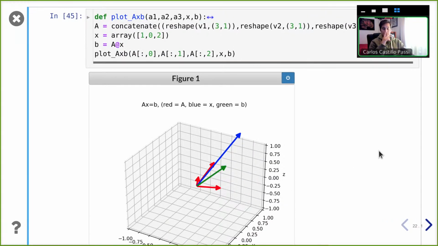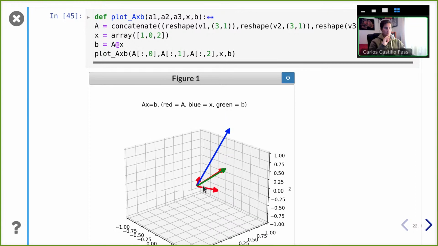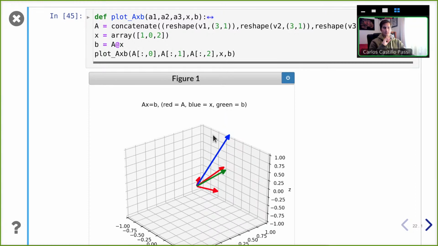Okay. So these red arrows are the columns of a matrix A. The green arrow is the result of the matrix vector product. And the blue arrow is the input, or the vector X.